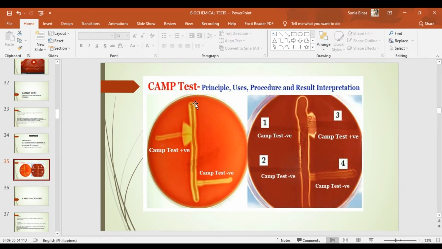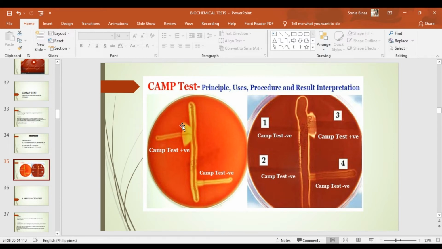So, ito po yung magiging itsura ng ating positive CAM test. Etong sa gitna po, ito yung ating Staph aureus. So, isi-streak natin siyang ganyan. Tapos, isi-streak natin perpendicular sa katabi nito ang ating suspected group B strep.